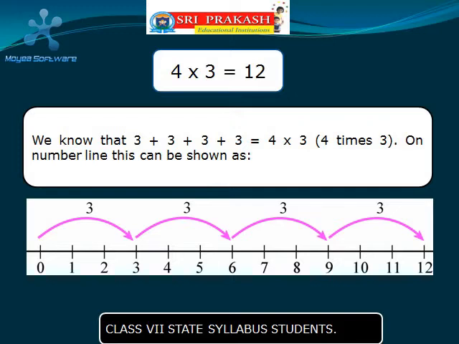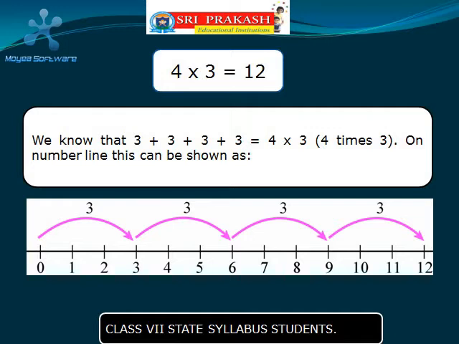So on number line, what we do, we take 3 units or 3 spaces as one block. Like that, we should take 4 blocks of 3 units or 3 spaces each, because both 4 and 3 are positive numbers.